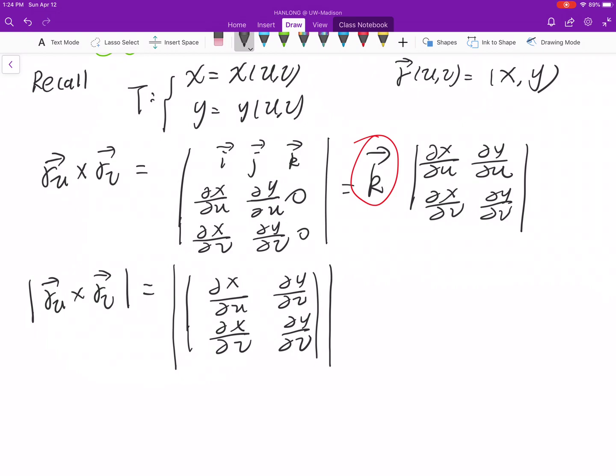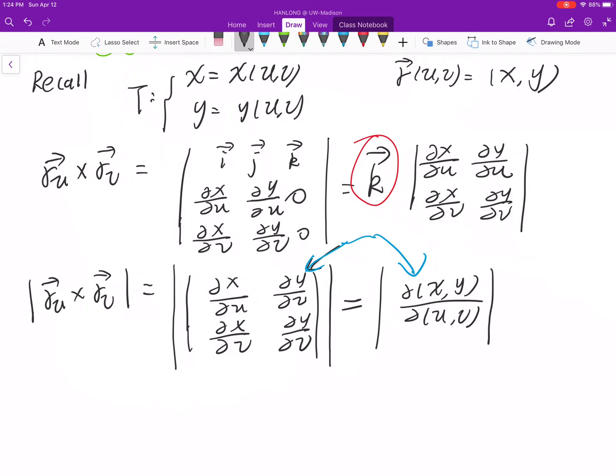Okay, as we introduced last time, I don't know if you still remember, we have a notation for this one. We denote it by partial (x, y) over partial (u, v), and then you take the norm.